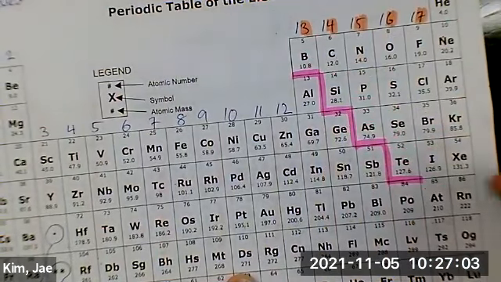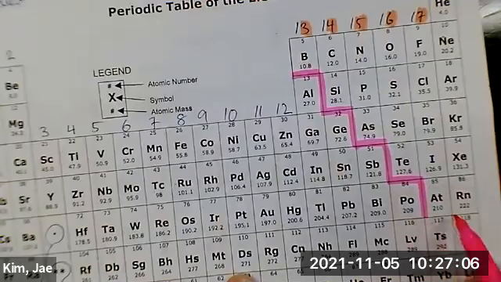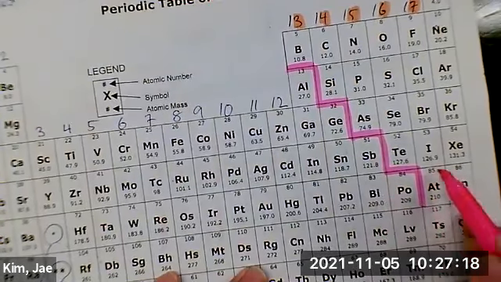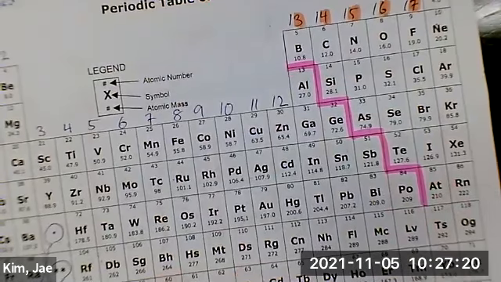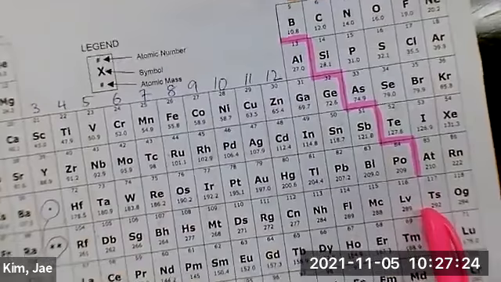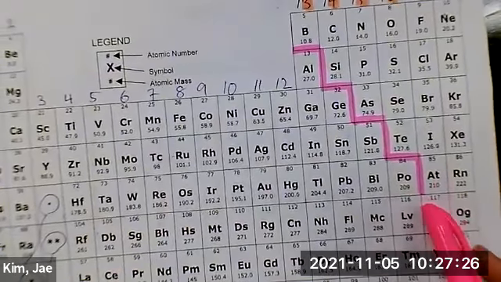Not all the way, you can stop at polonium and, oof. Oh my goodness, I'm putting myself to shame. Anyways, from Po and At, staircase ends there. Anything lower than that, it starts to get a little muddled. And I'll explain to you in just a bit, but all we have to do is the staircase.